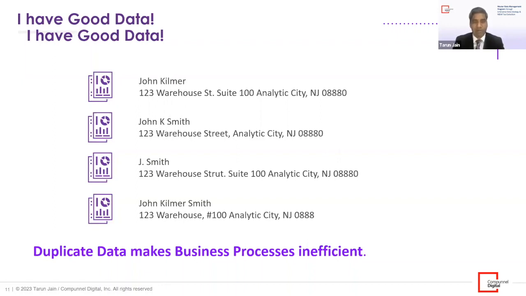If you have a huge amount of duplicates, your business processes will be inefficient. That is yesteryear's practice. As MDM has percolated into every industry, and into big and small companies, business processes have also evolved in that light. We'll talk about a little bit of that paradigm shift as it goes along.